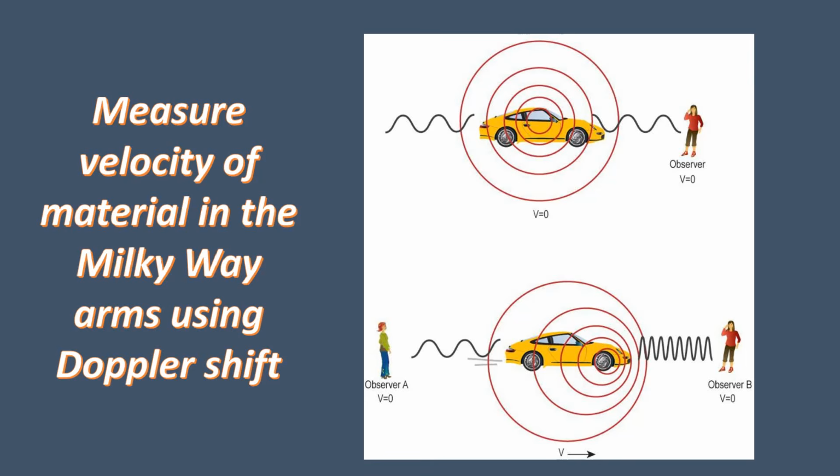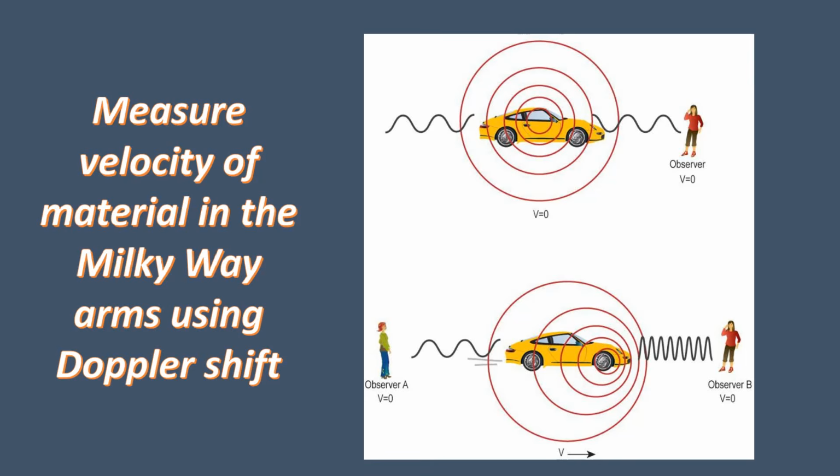So in this particular graphic, we've got a car, and at the top, the car is stationary, and so sound waves, when the car's engine revs, go out in both directions, as you might guess, in all directions. Imagine some of them going out the front towards this observer, and some of them going out the back in the other direction towards another observer.